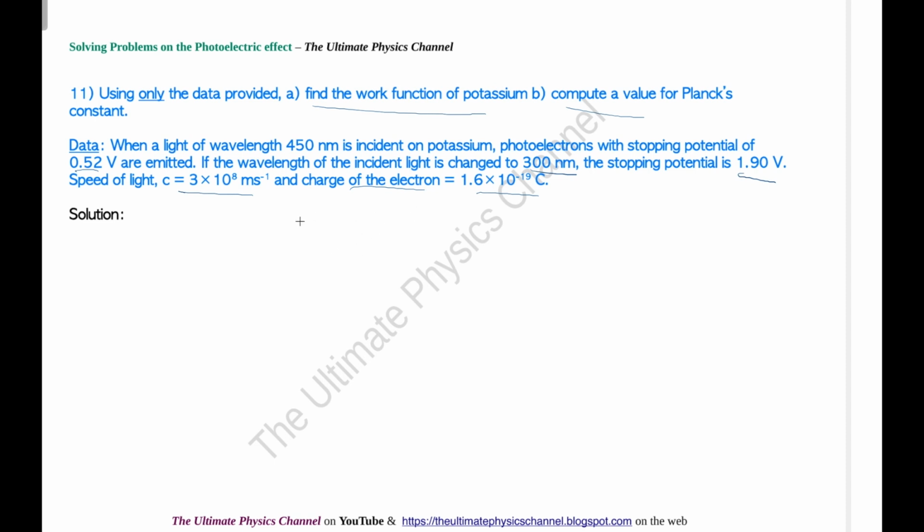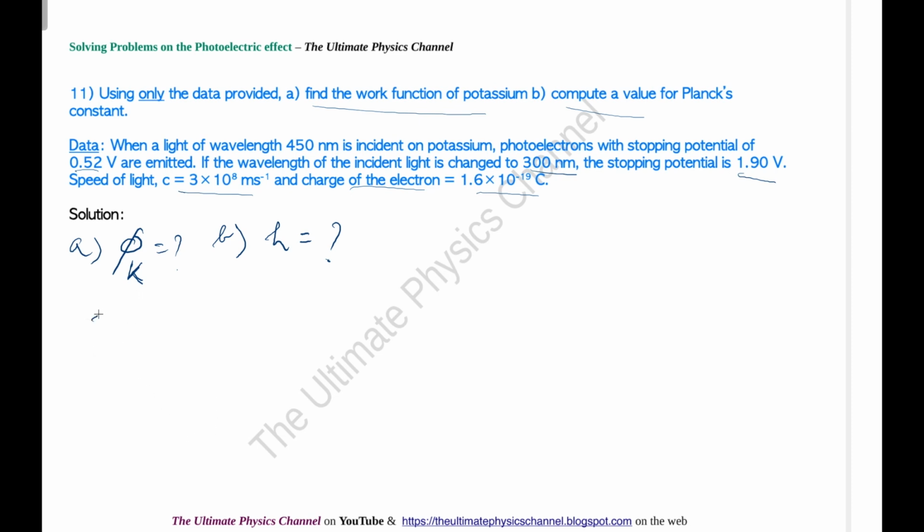Of course, we have to calculate that for the given data only. The two things needed are, first, the work function of potassium, let's call that phi of k, and second, Planck's constant h. Now we have to set up the photoelectric equation, and then we can solve this.